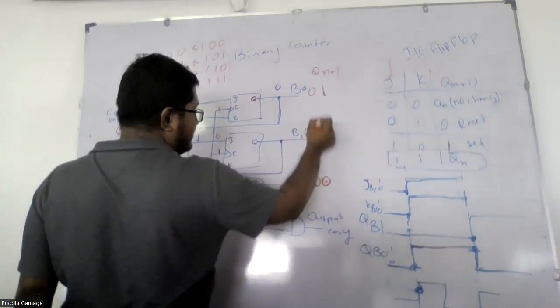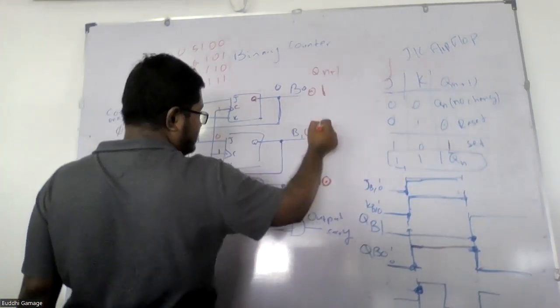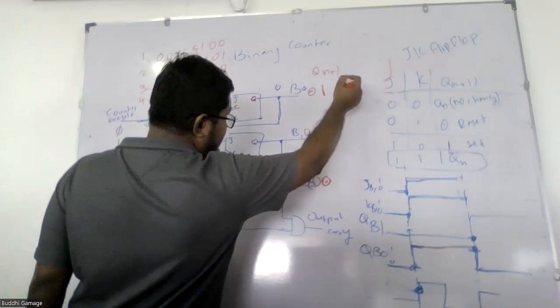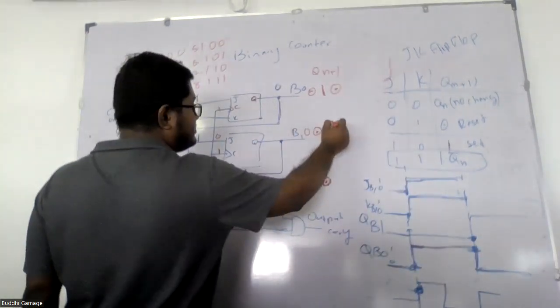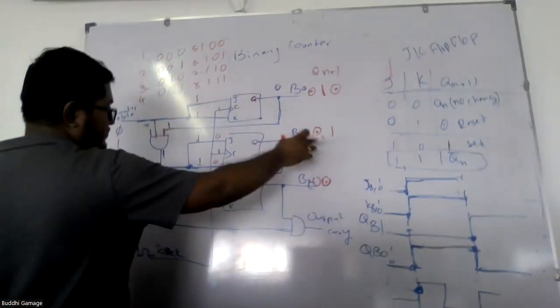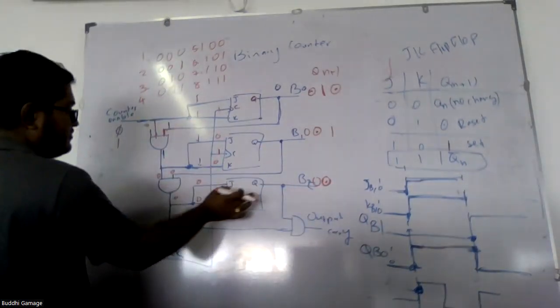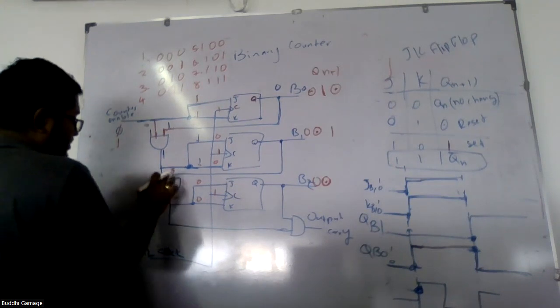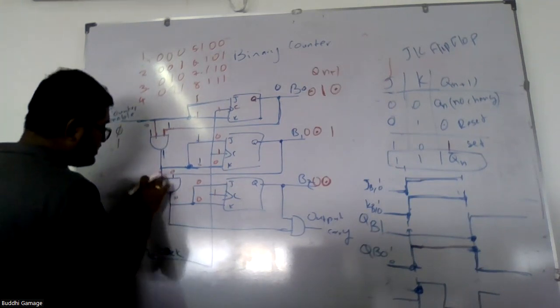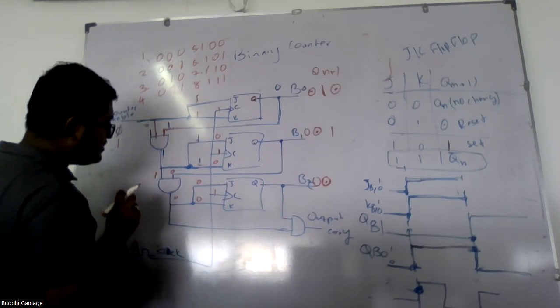And then in the very first tick, it changes to 1, 0, 0. In the second tick, this value will change to 0 and this value changes to 1. So before that, this particular value was 0 and this value was 1, right?